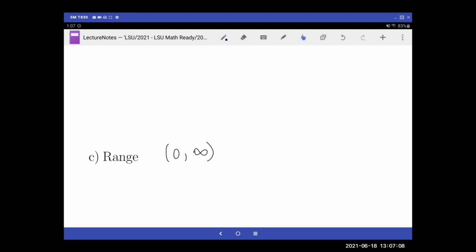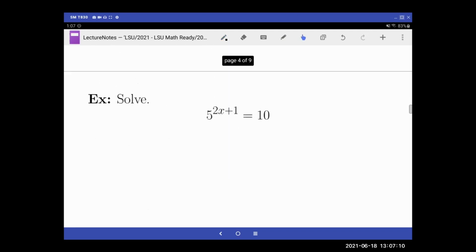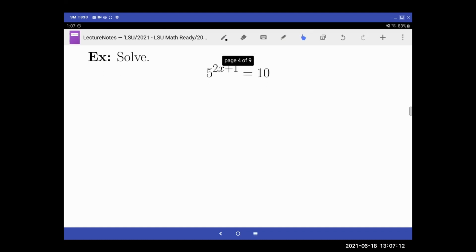Okay, let's solve this equation here. We did talk about exponential and logarithmic equations, so we'll talk about this one. We did mention before we discussed logarithms that exponential and logarithmic expressions are inverses of each other.